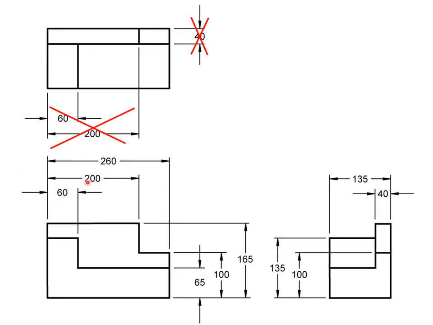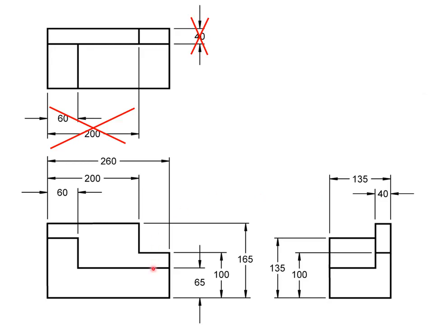And again, you go from small to large, 60, 200, 260. And also notice the spacing between the 60 and the object. The first dimension is about 2 text heights away from the object. And then from there on, you'll have 1 text height in between the dimensions. Okay, now let's move on to the next slide.